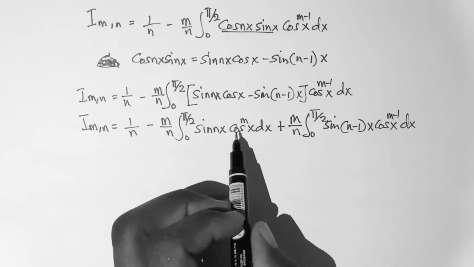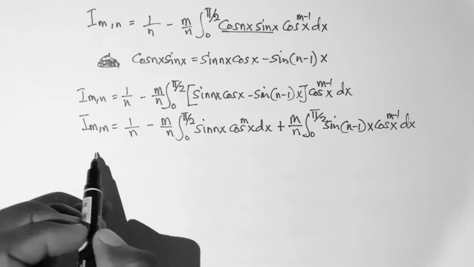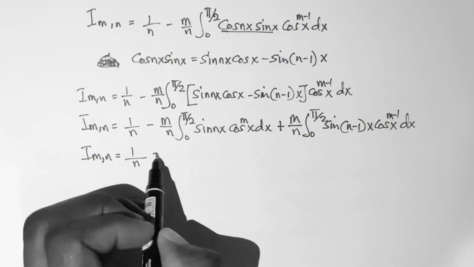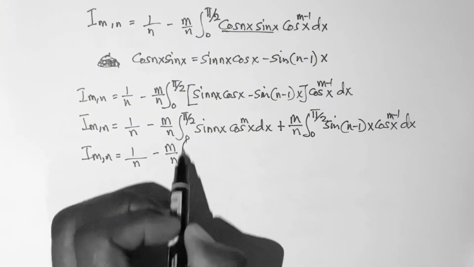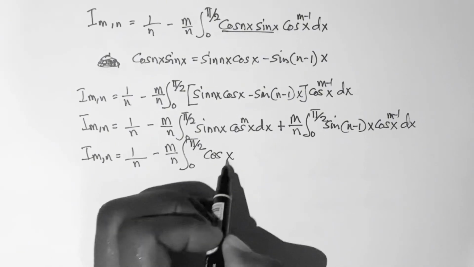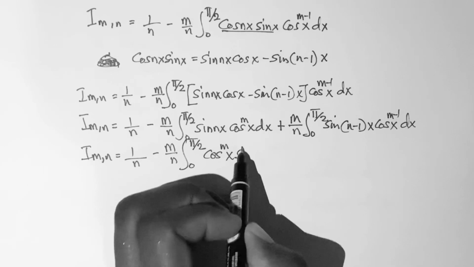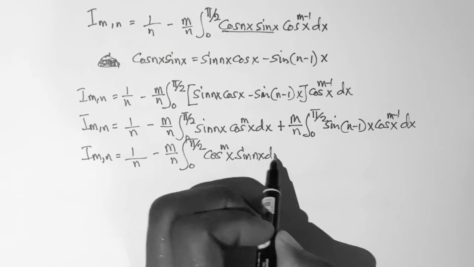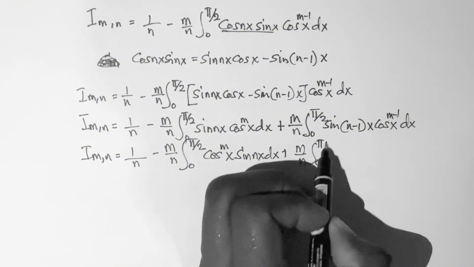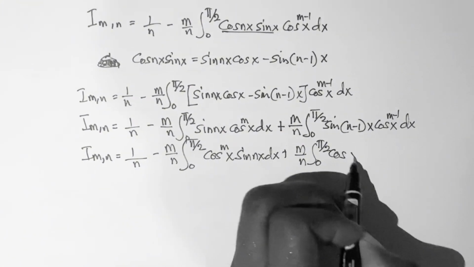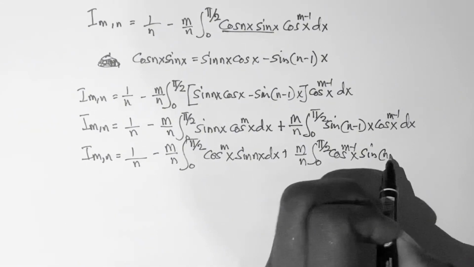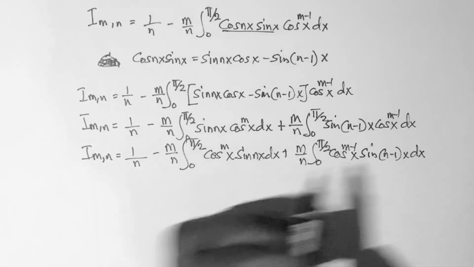So let's rewrite this well. So I of mn is equal to 1 over n minus m over n, integral of 0 to pi on 2, then cos x exponent m, then sine nx dx plus m over n, integral of 0 to pi on 2, cos x exponent m minus 1, then sine to bracket n minus 1x dx.